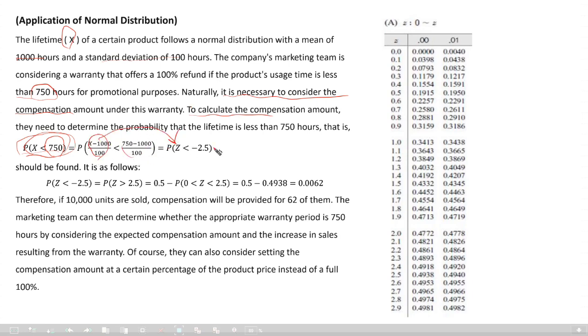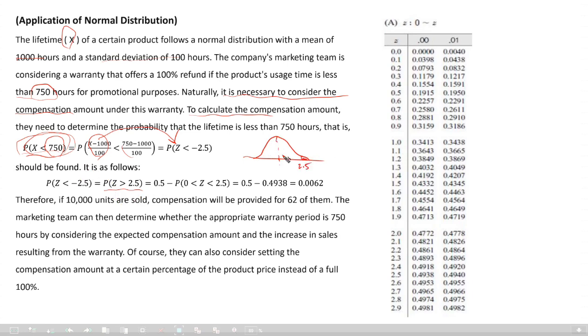And this value is minus 2.5. So probability g less than minus 2.5 is equal to g greater than 2.5 because the normal distribution is symmetric. Then, 2.5 here, 2.5 here. This probability we want.